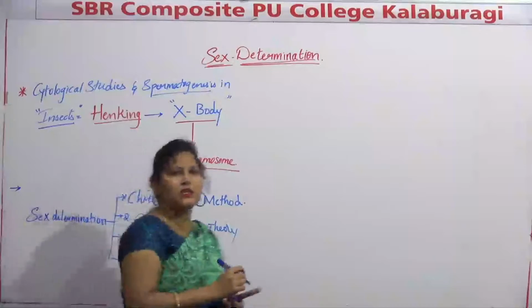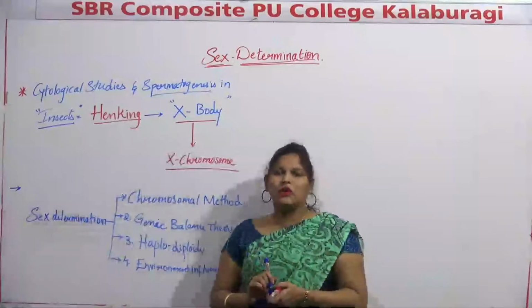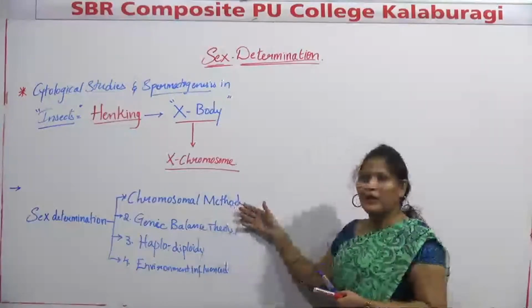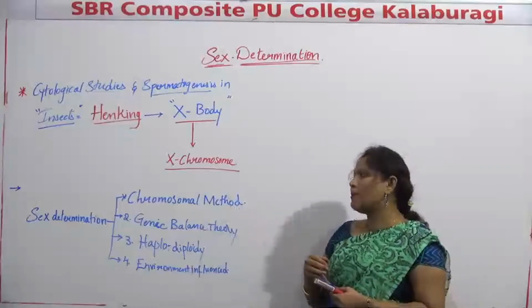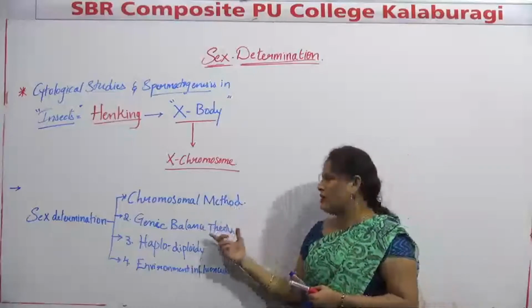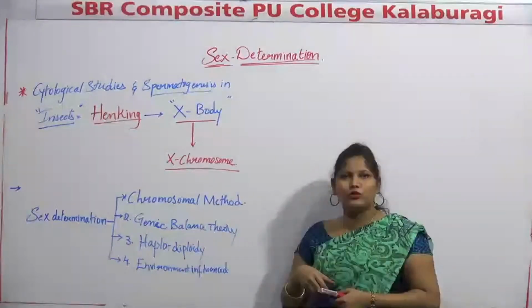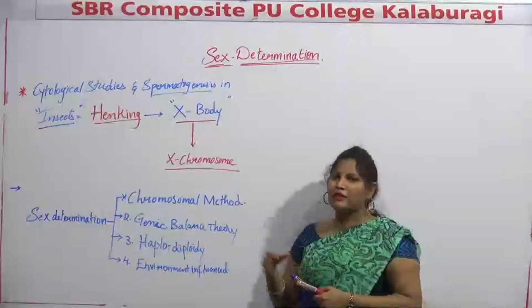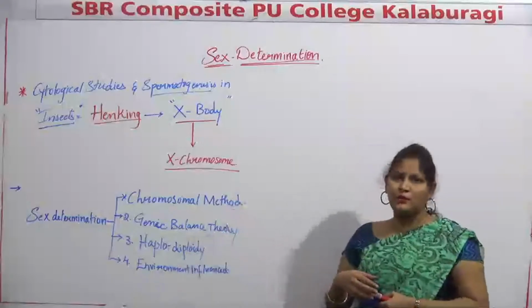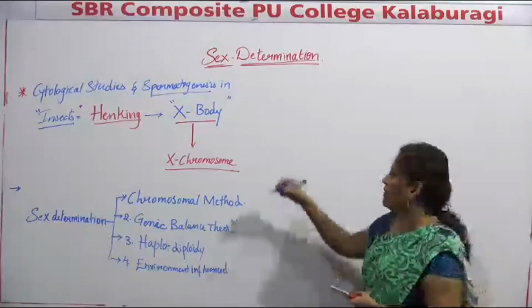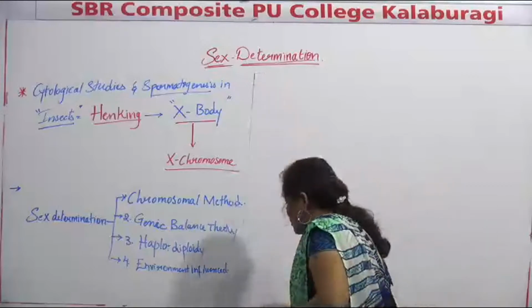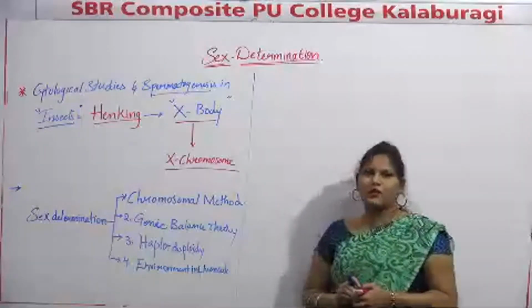So there are four methods of sex determination. We shall go with the first one, the chromosomal method of sex determination.